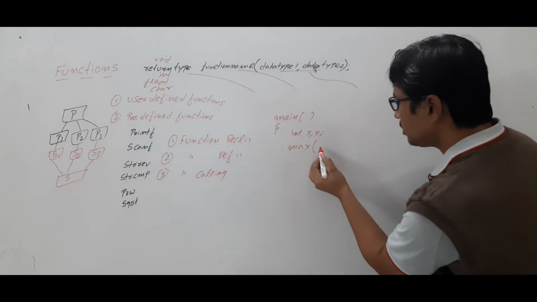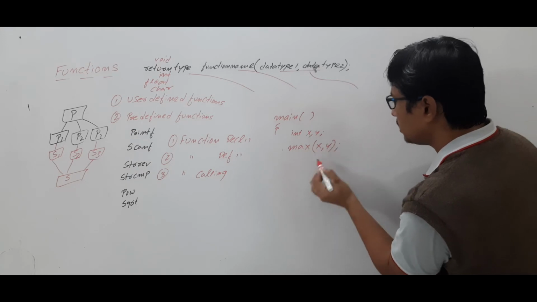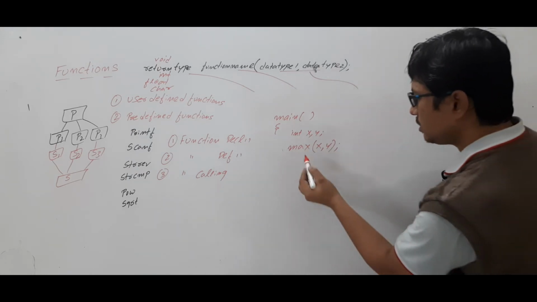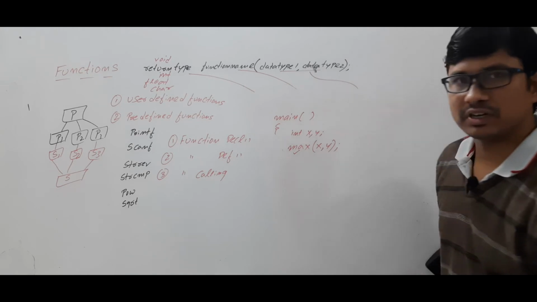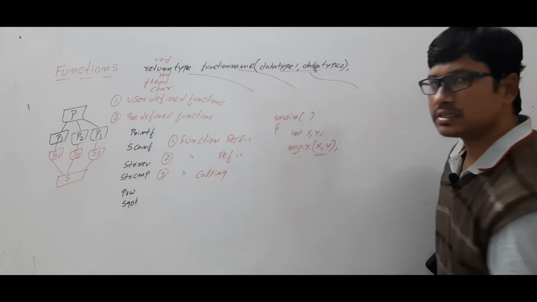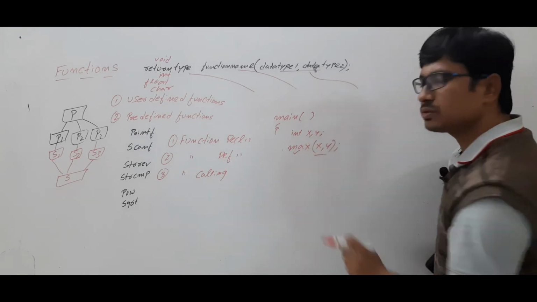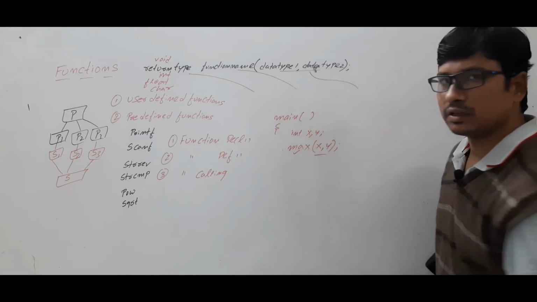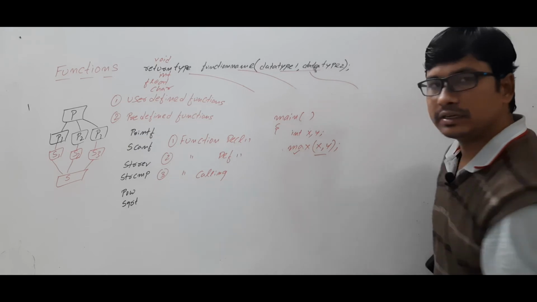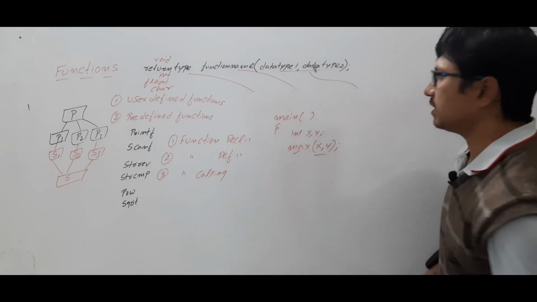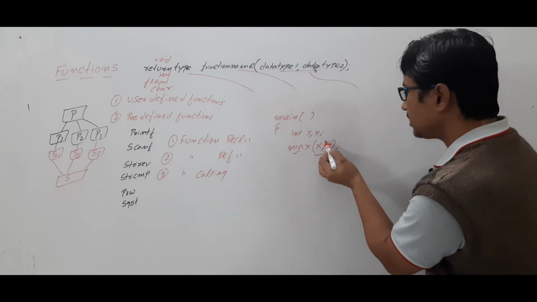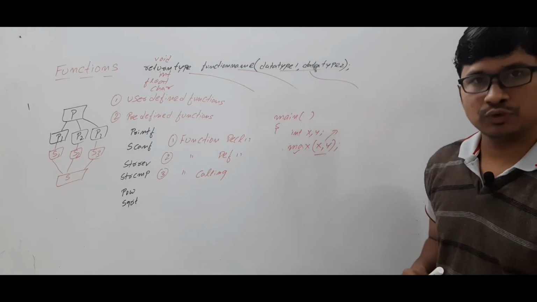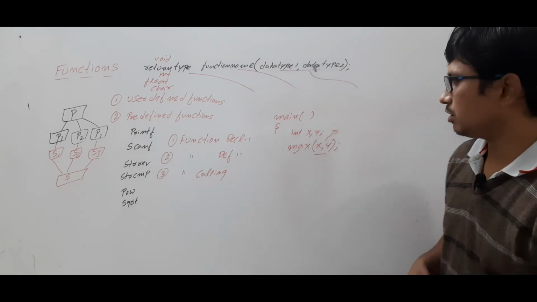These variables I will pass to this function. So you will specify the name of the function, the number of parameters, and the variable values also. So x and y are the two variables, they are integer type. Now these parameters we will call actual parameters. Okay, are you able to understand?